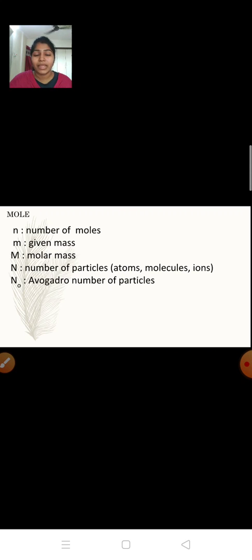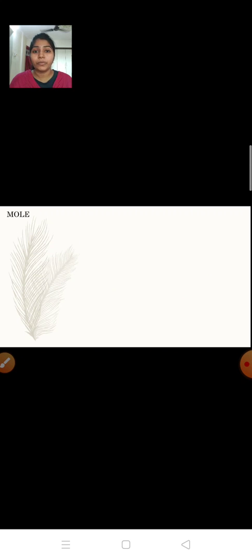Small m indicates given mass. Capital M indicates molar mass. Capital N indicates number of particles, that is number of atoms or number of molecules or number of ions. And N0 means Avogadro number of particles. Is it clear? So let us start with the first numerical.